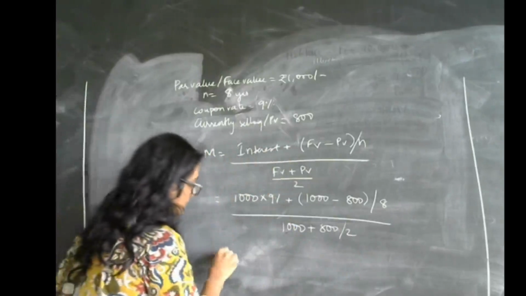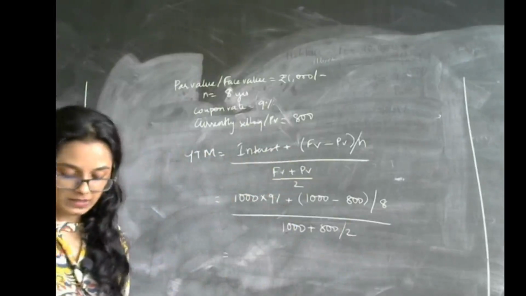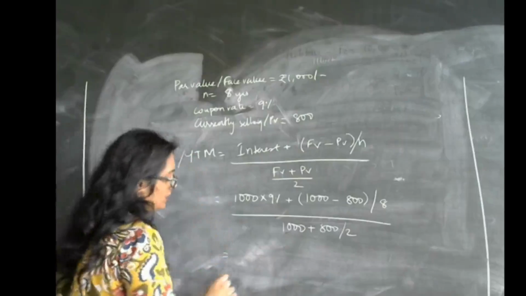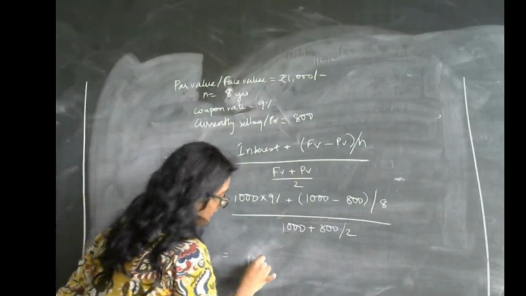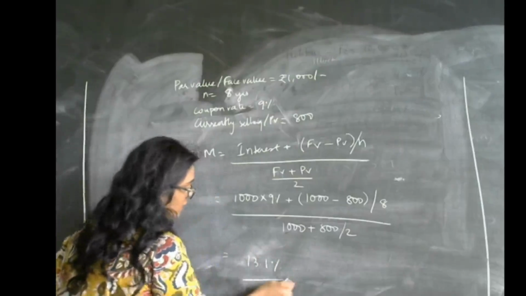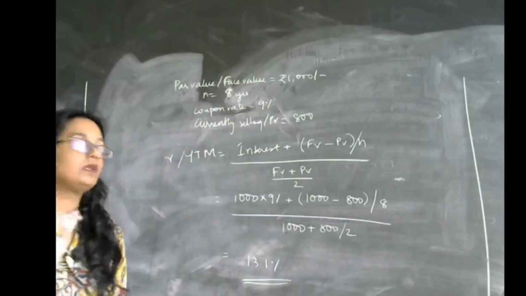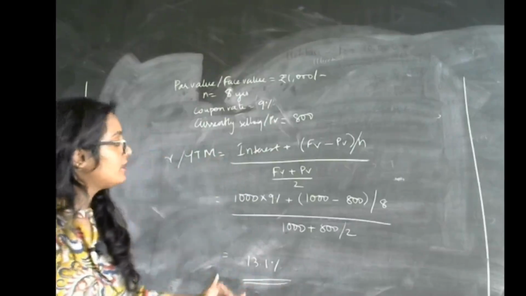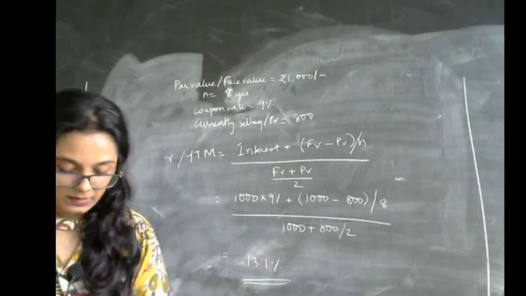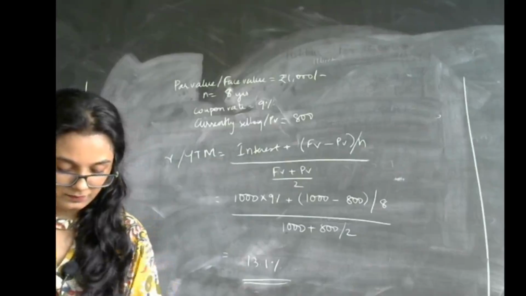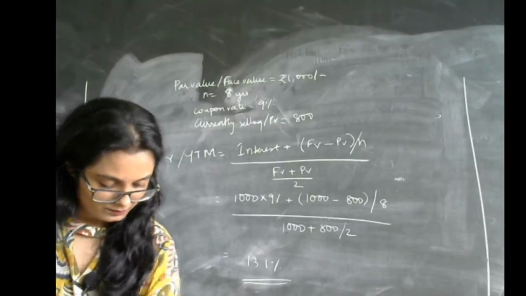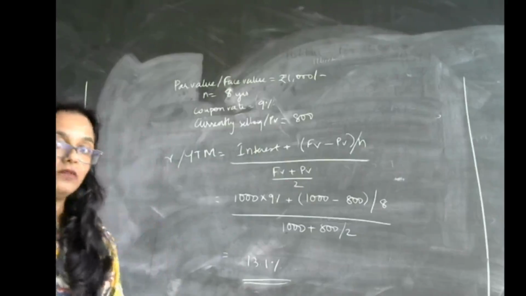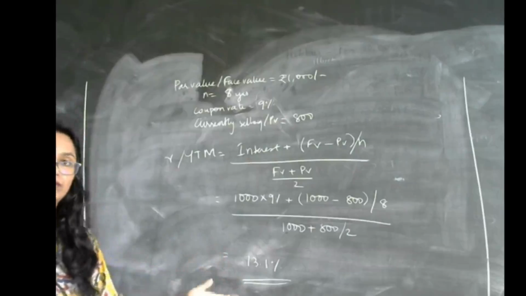After solving this, you will get a rate of return of 13.1%. Calculate it and check. Just jot this down, then we'll move ahead. We know the rate of return now, so we can calculate the value of bond by substituting R in the value of bond formula.